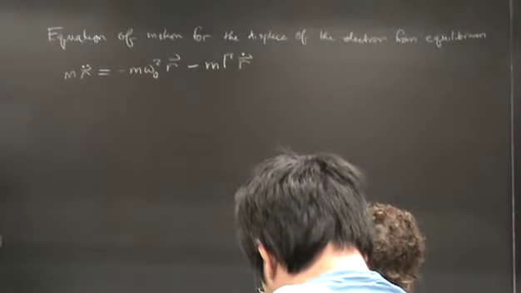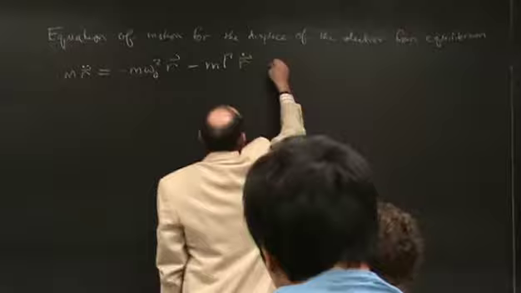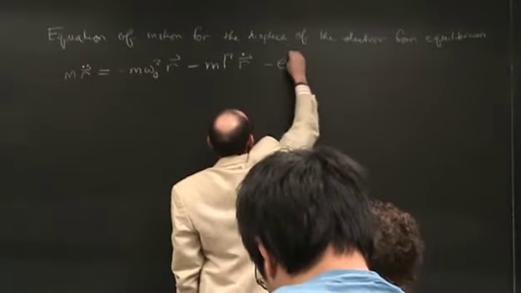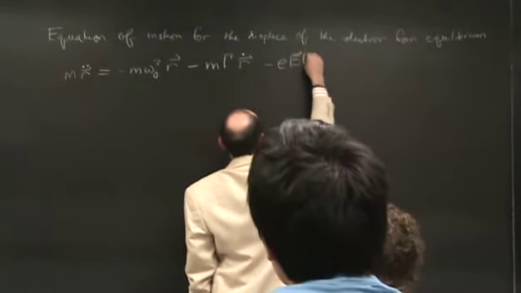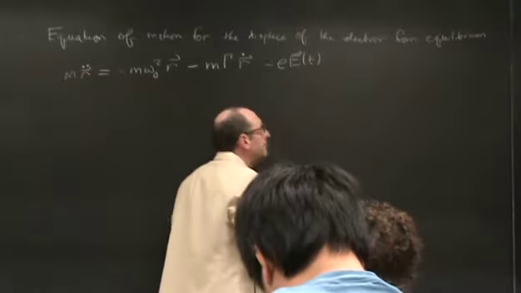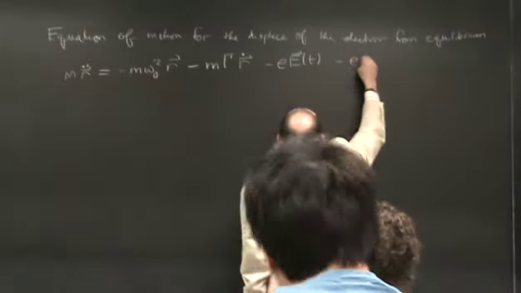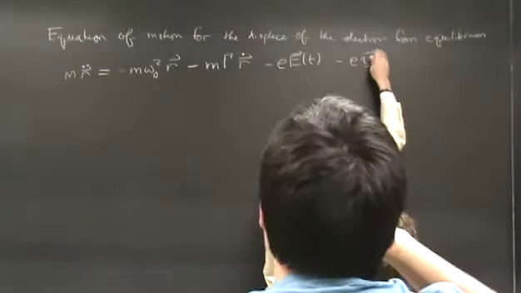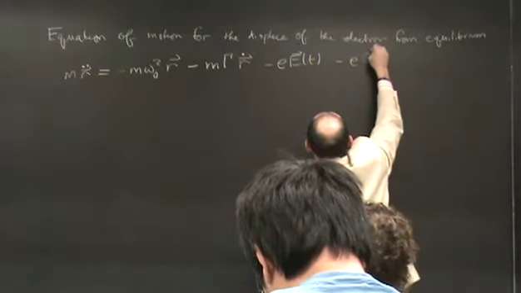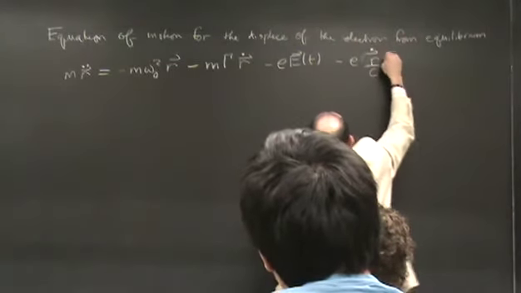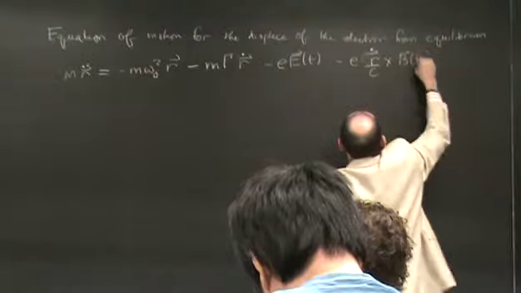And then we have the external force, which is the Lorentz force. So this is the electric field at the position of the molecule as a function of time. And then we have, generally speaking, the magnetic term as well.